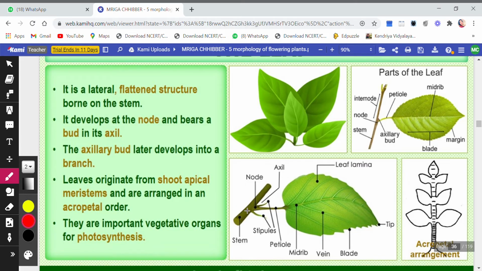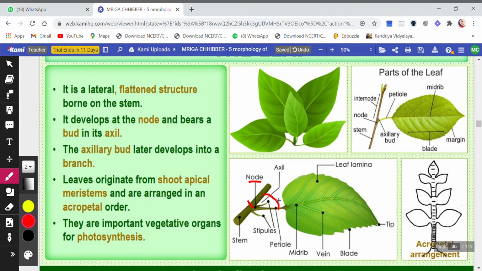Now the place where the leaf is attached to the stem is called node and bears a bud in its axil. Now when this is the leaf petiole and this is the stem, there is an angle here, that is the axil.